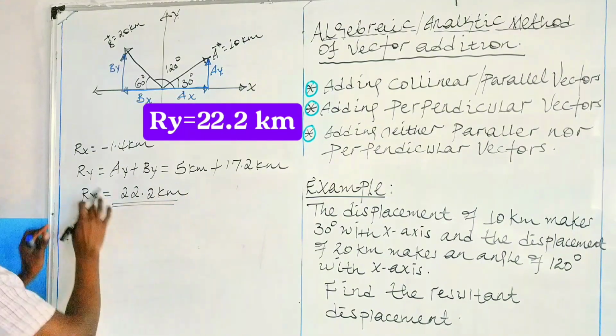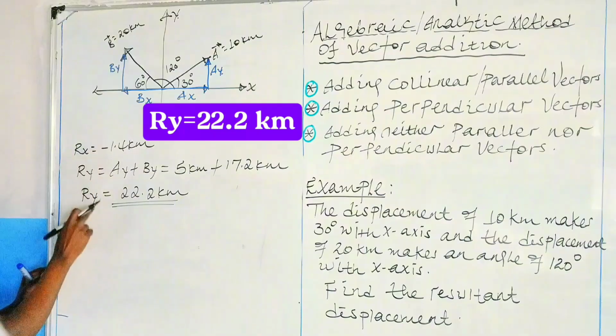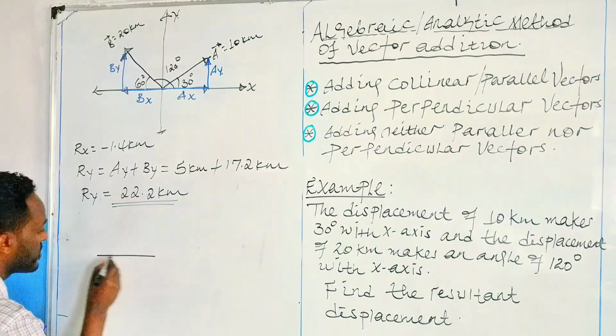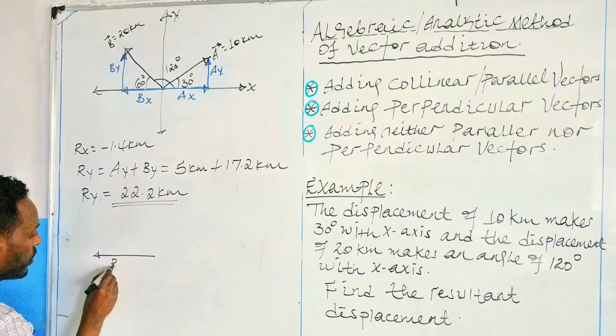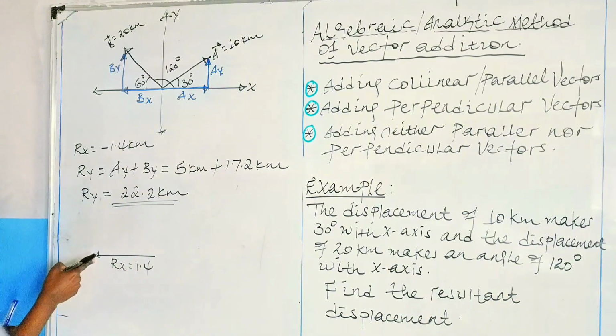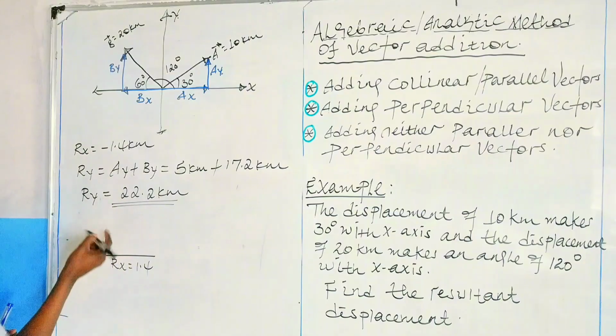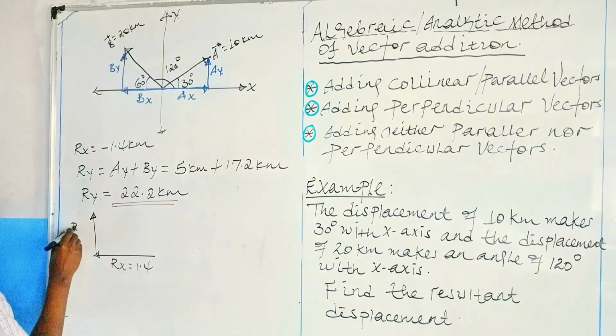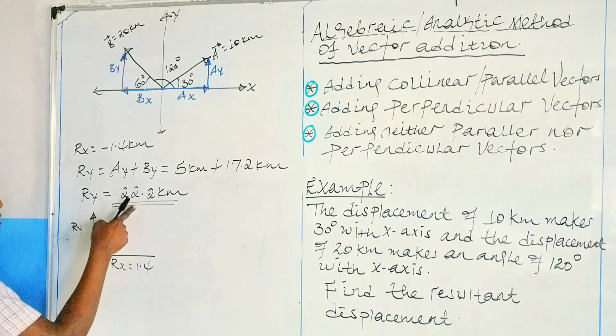Okay, let me draw the free body diagram. This is the resultant along x, which is 1.4, acting in the direction of negative x-axis, and the resultant along y is positive, so we draw it like this. This is the resultant along y, which is 22.2 kilometer.